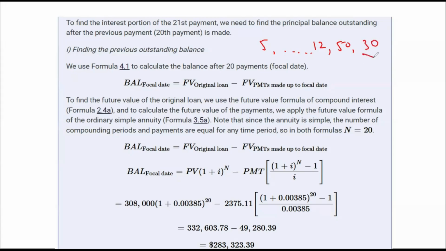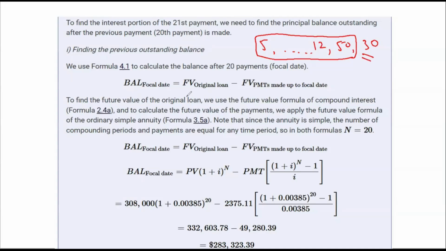So if you want to know how many runs he made in his 21st game, you'll have to minus all the runs he made in the first 20 games. That's the reasoning with it.